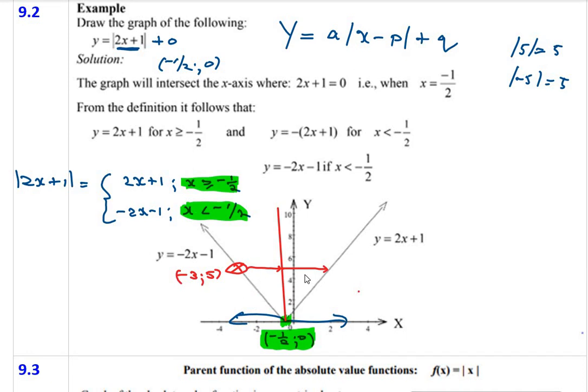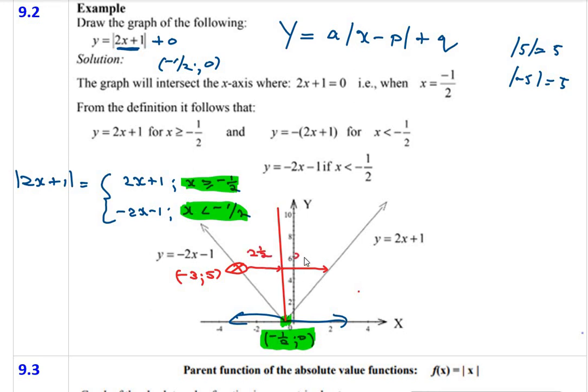And then the distance from -3 to -1/2 is 2.5.